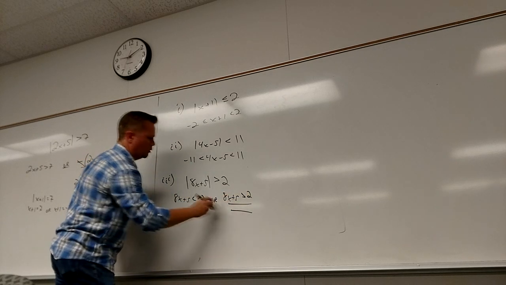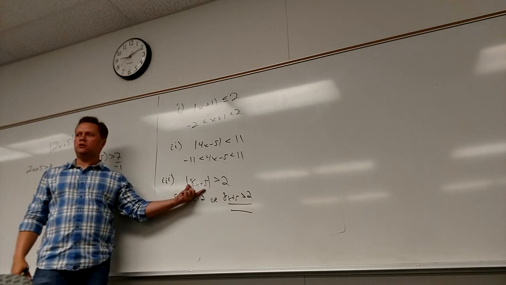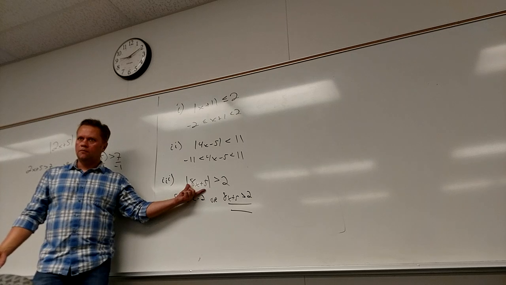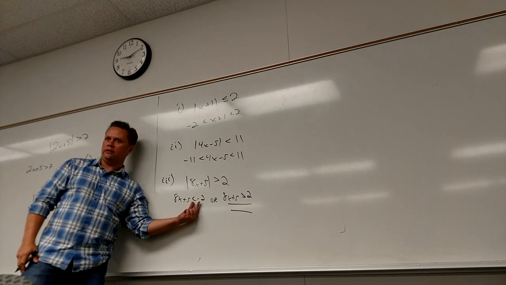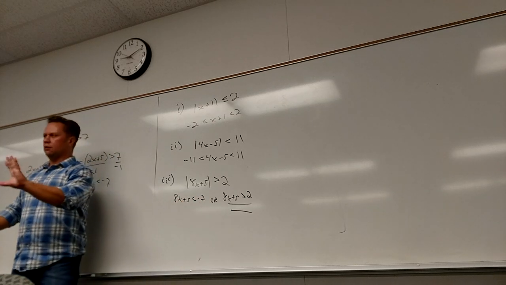So one case is always leave everything the same. Because if that number is already bigger than 2, of course the absolute value is going to be bigger than 2. Or if it's big enough negative, it's got to be big negative for the absolute value to end up being bigger than 2. That's why it's got to be less than negative 2, like we thought about earlier.